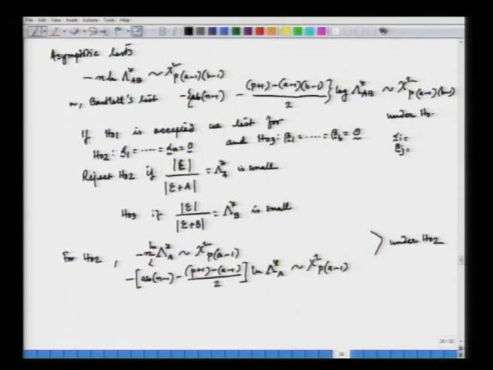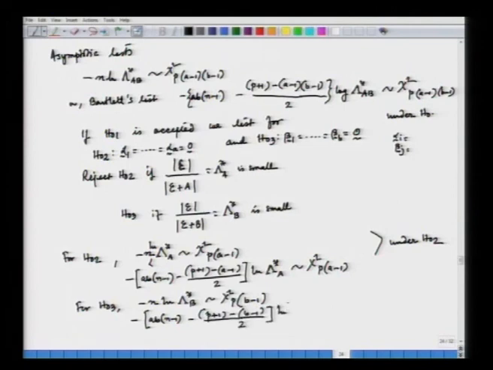H02, and for H03, the third one, I have minus n log lambda B star following chi-square P times B minus 1, or with the Bartlett's correction I can use AB n minus 1 minus P plus 1 with B minus 1 by 2, this with log lambda B star.